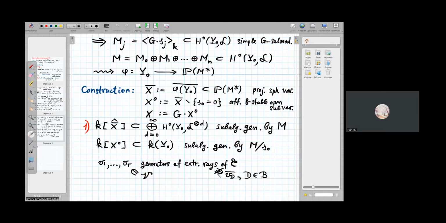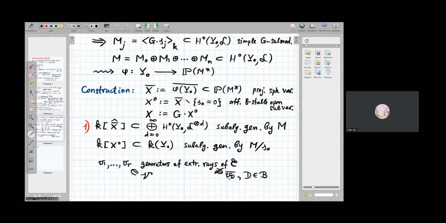C is generated by V1 up to VR and the VD bar, right? Yes, I know that. But why should the extremal rays be generated by elements in V? Well, if a convex cone is generated by finitely many vectors, then each of the extremal rays must be generated by one of these generators.